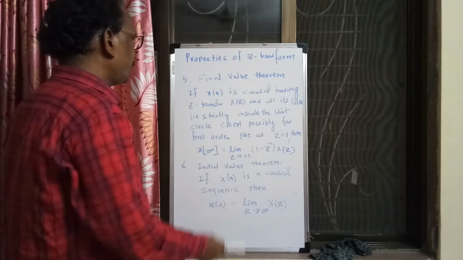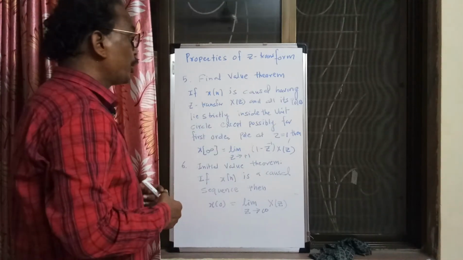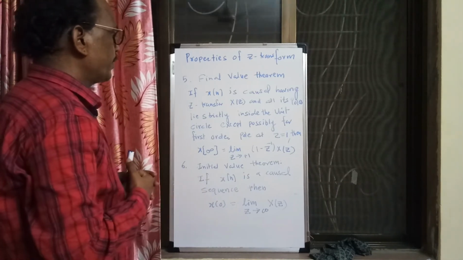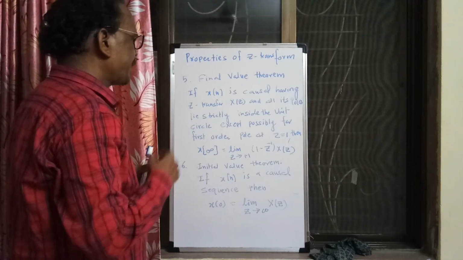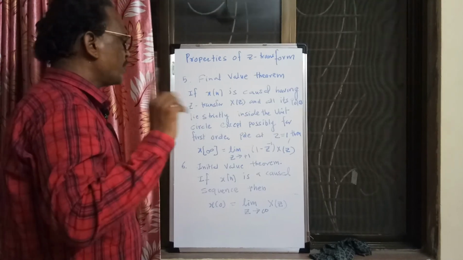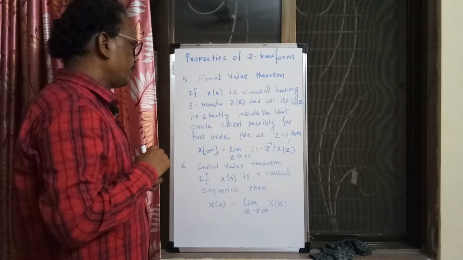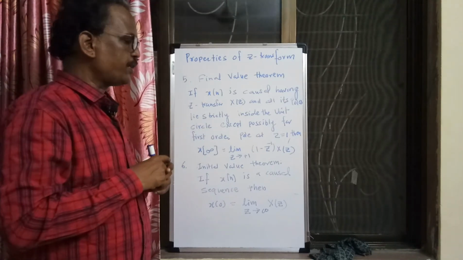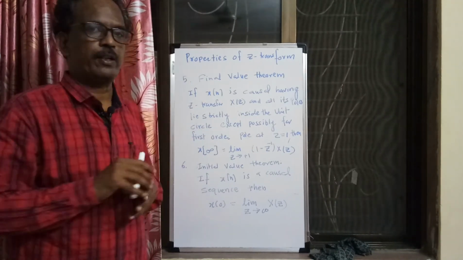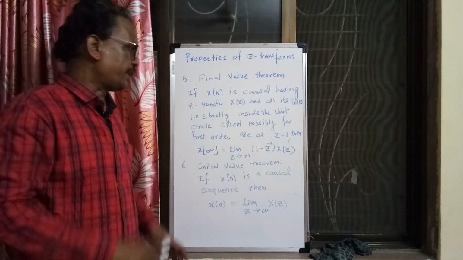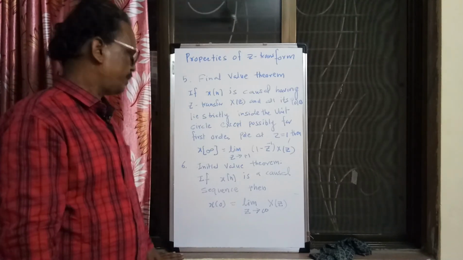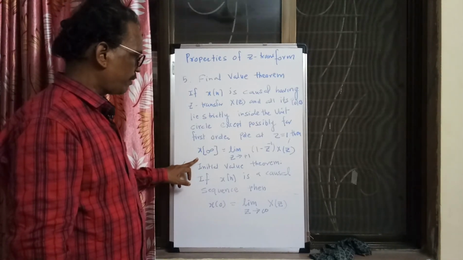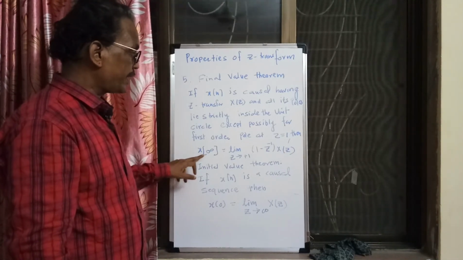All its poles strictly lie inside the unit circle, so the factors of the denominator of the Z transform should fall inside the unit circle, except possibly for a first order pole at z equal to 1. The pole at z equal to 1 means in the denominator we have the factor z minus 1. If that kind of situation is there, then we can find the value of the time domain signal at n equal to infinity.